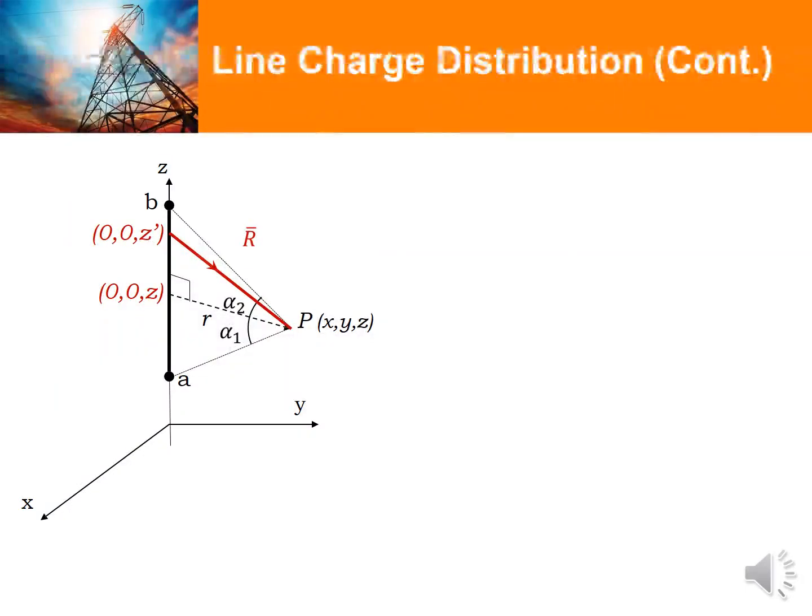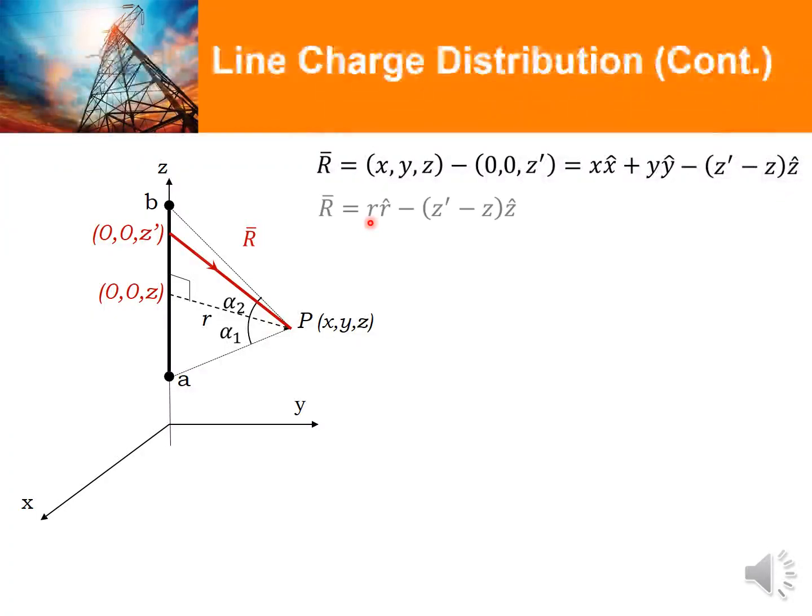The vector from the source of the electric field to point P that is being observed is defined by vector R. Vector R can be shown to have a value of x in the x direction plus y in the y direction minus (z prime minus z) in the z direction.